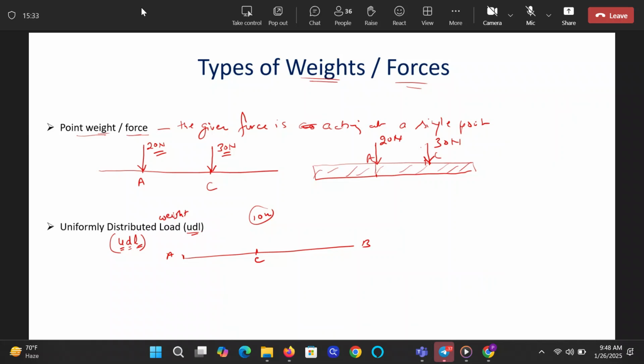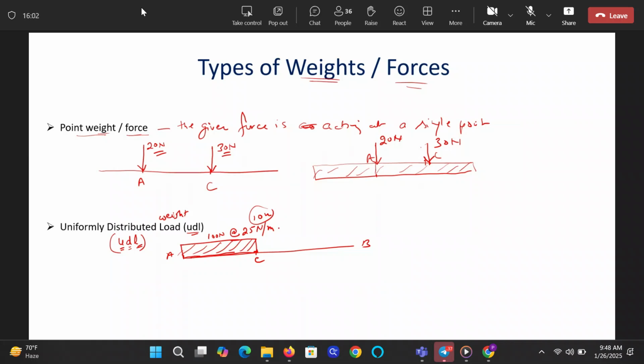That means 100 newtons is placed on this beam from here to here, and this weight is uniformly distributed. What does it mean? That means if this is 100 newtons over 4 meters, it is distributed at a rate of 100 divided by 4, 25 newtons per meter. Am I clear? Yes or no?